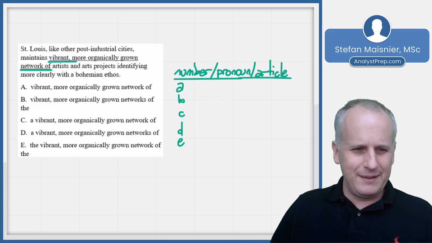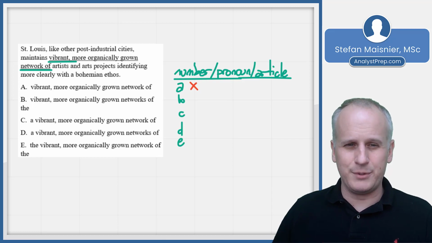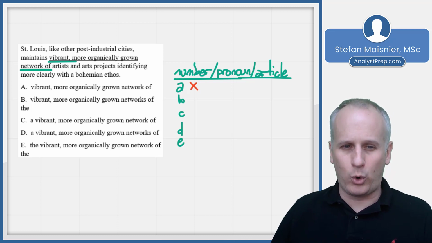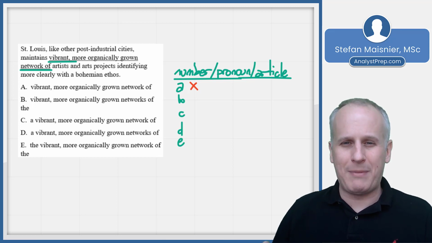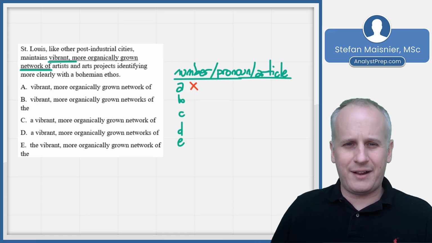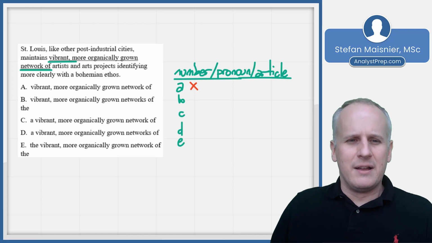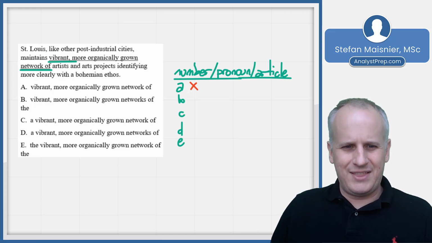So we can eliminate choice A because we know that it would have to be either St. Louis maintains a vibrant network or maintains vibrant, more organically grown networks of artists. The nouns don't match in terms of number, along with any possible articles that may be necessary. So if we look at our other answer choices, choice B has maintains vibrant, more organically grown networks of the artists.